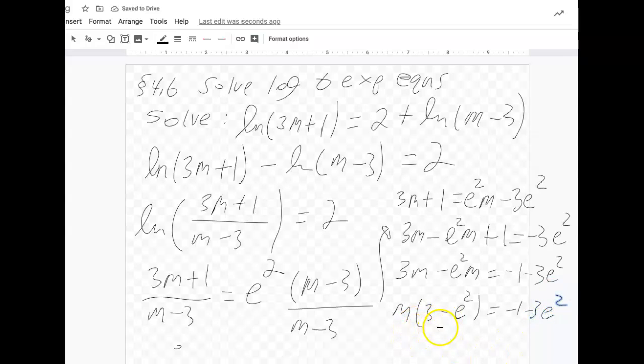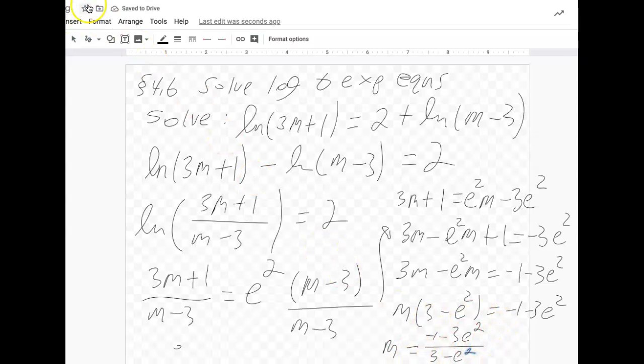I'll then be able to divide both sides by 3 minus e squared. So I'll end up with negative 1 minus 3e squared divided by 3 minus e squared.